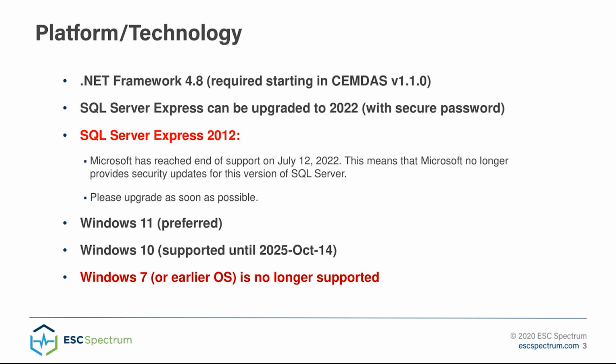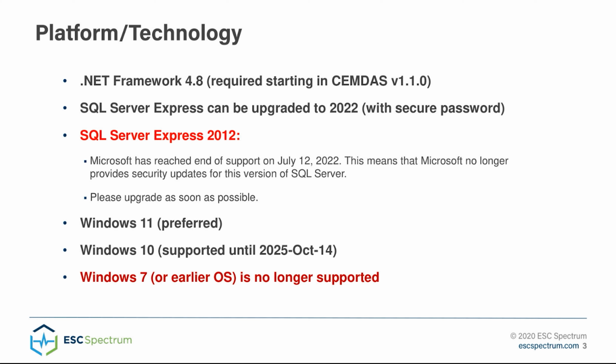With regards to the platform, this version does require .NET Framework 4.8 to be installed in order to use this new version of CEMDAS 1.1.0. You could also upgrade to SQL Server Express 2022, which utilizes a secure password.